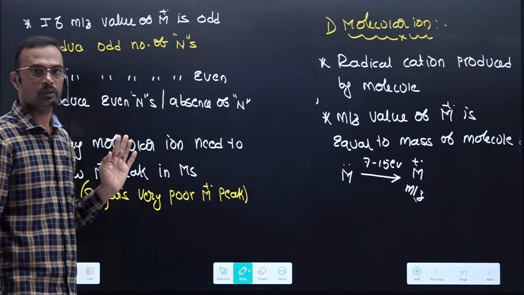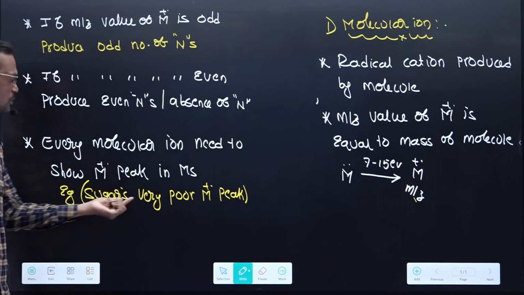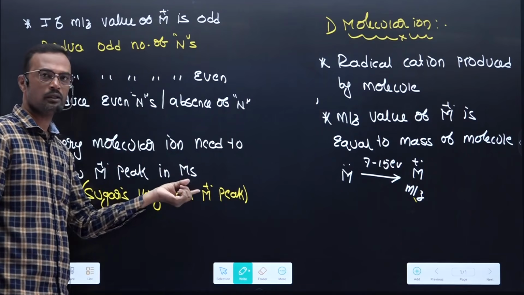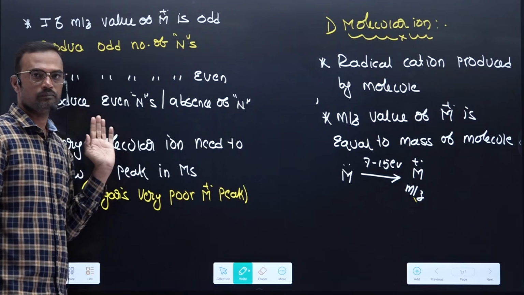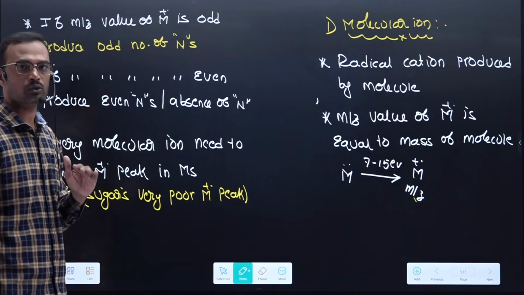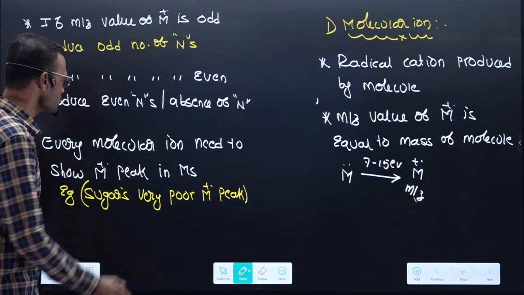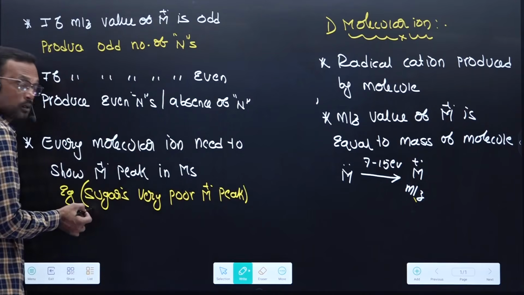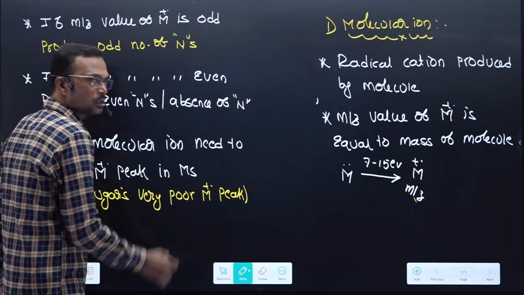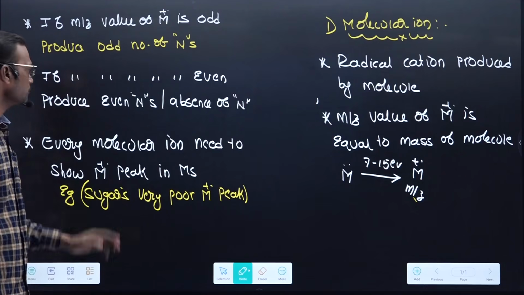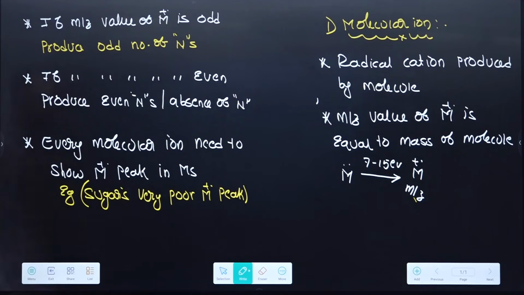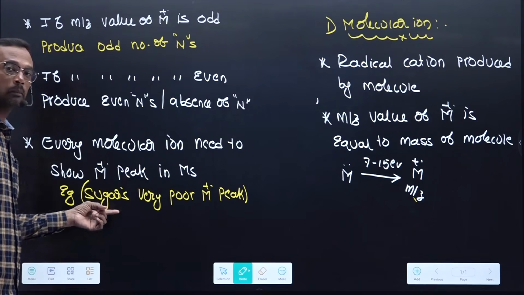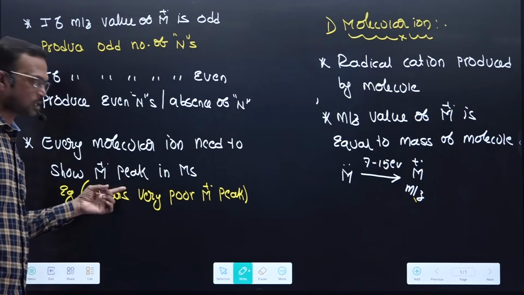It depends upon the stability of the molecular ion, and we represent the peak intensity. But 90% of organic molecules are found to be stable, so the statement applies, but not for bulk molecules, large molecules whose stability is very low.